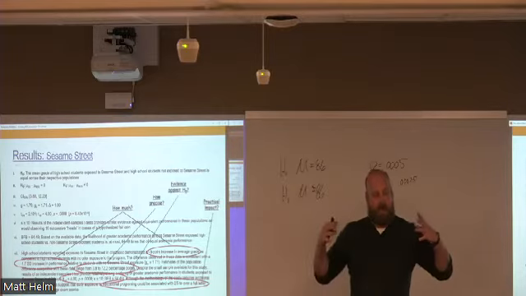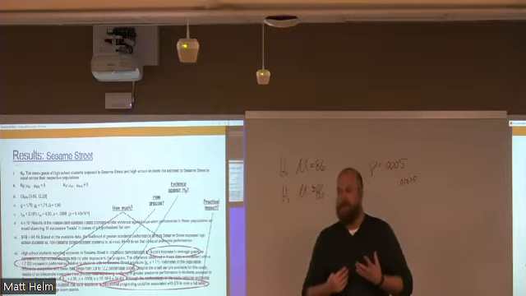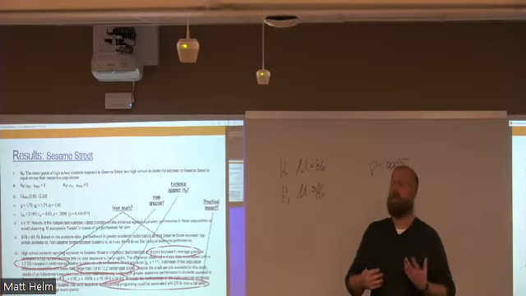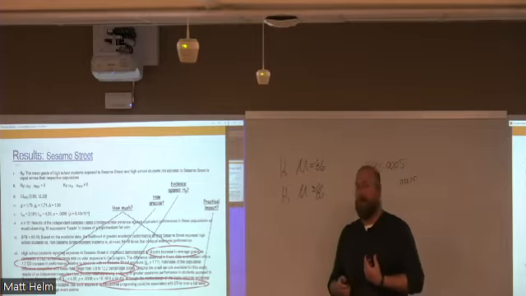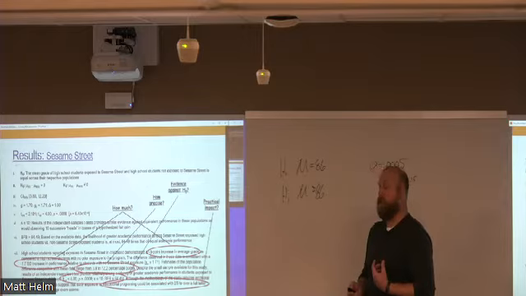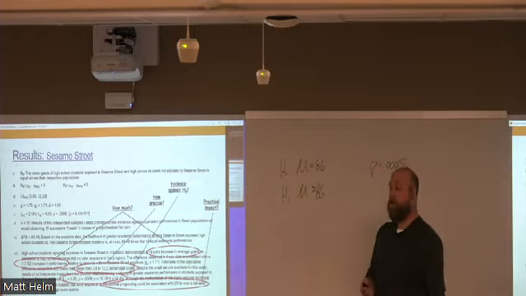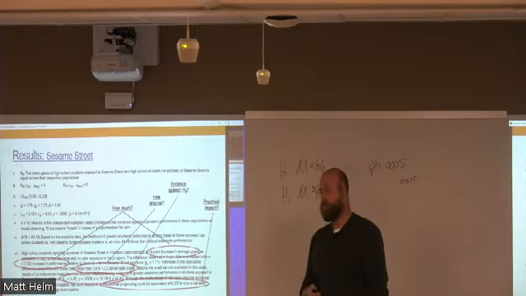I want you to pack all these things into your interpretations to make it a much more interesting and fruitful endeavor than just saying there's a difference, or this group was different than that group, which is boring and lazy.